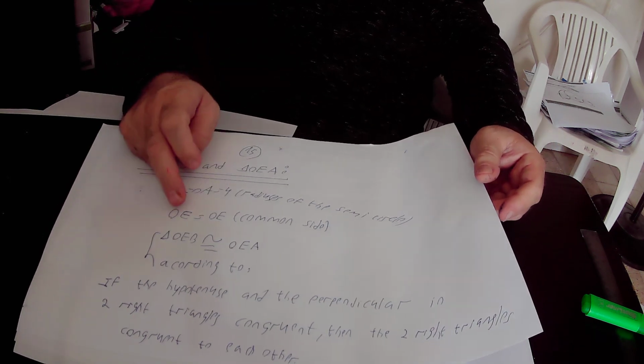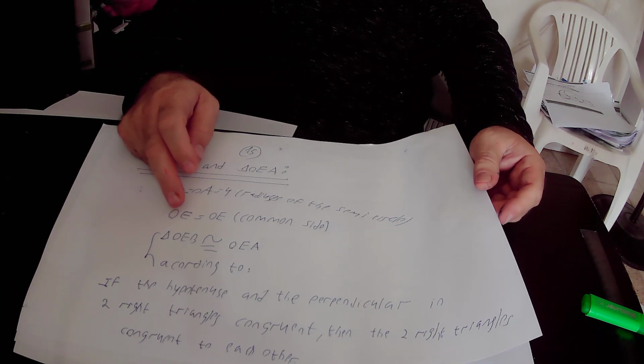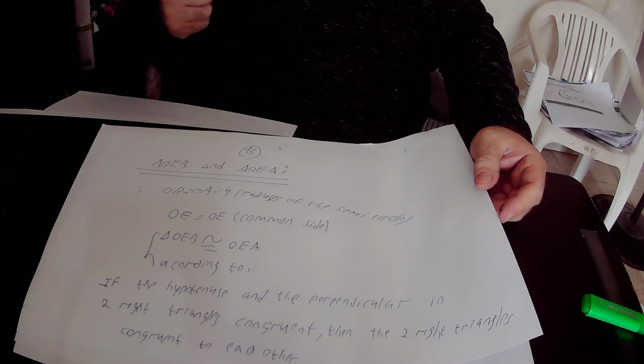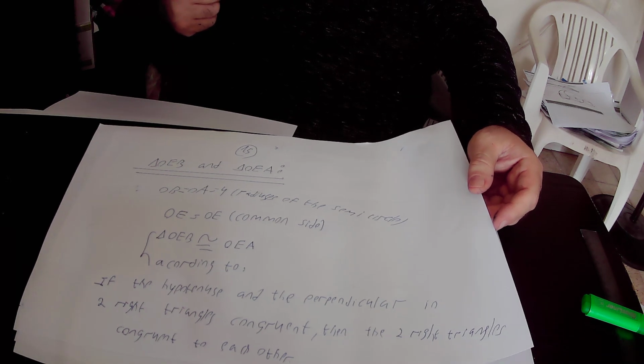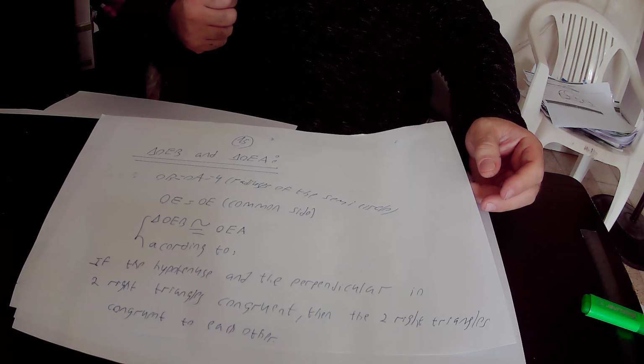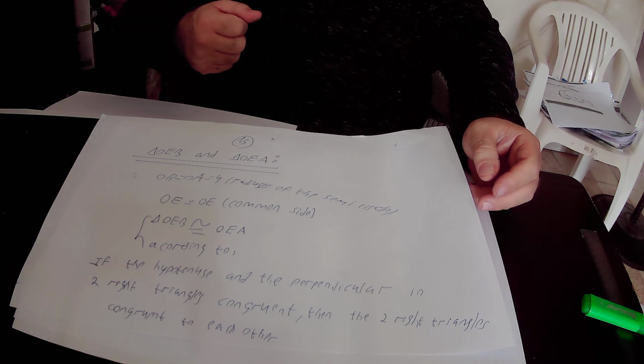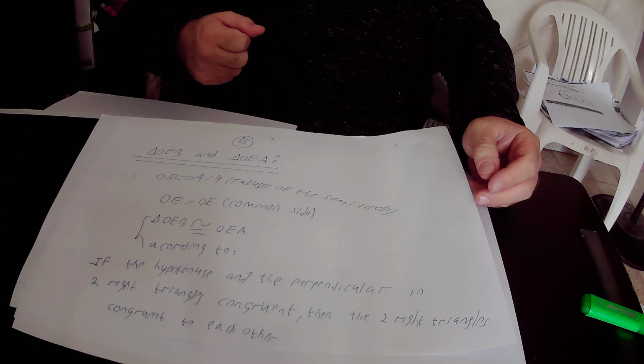Therefore, the right triangle OEB can go into the right triangle OEA according to the rule that if the hypotenuse and a perpendicular side in two right triangles are equal, then the two triangles can go into each other.